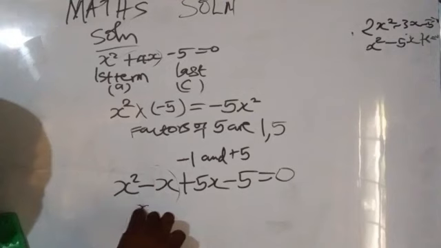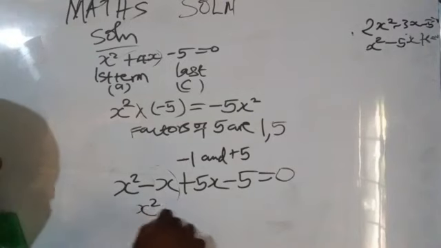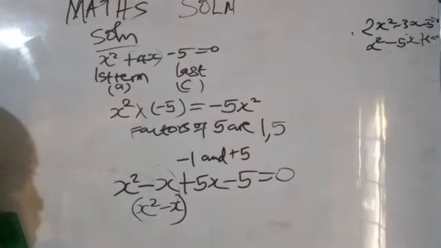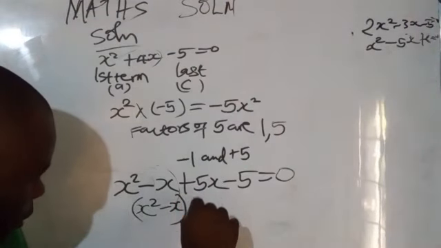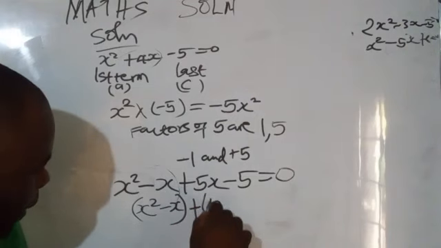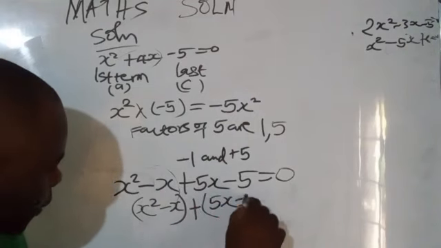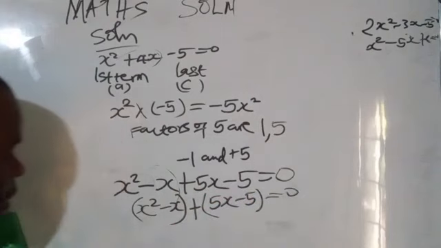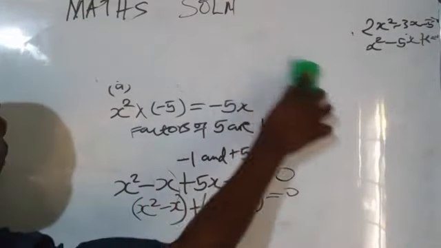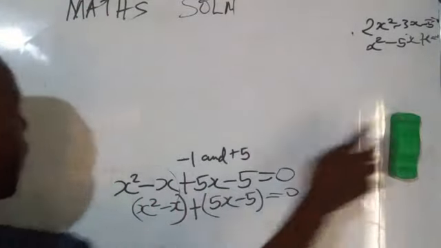Now we have x squared minus x, you see, bracket, then plus, which is this plus here now, bracket 5x minus 5 equal to 0. See how I separate them, guys? Okay, good.